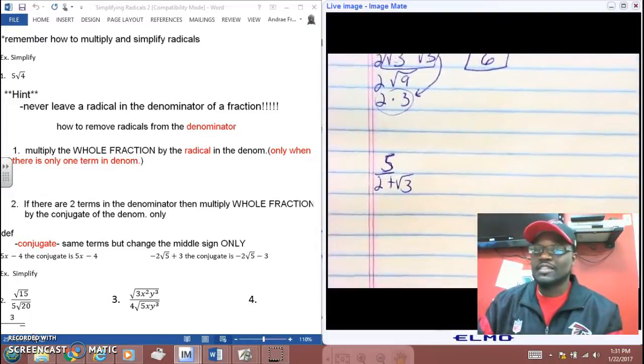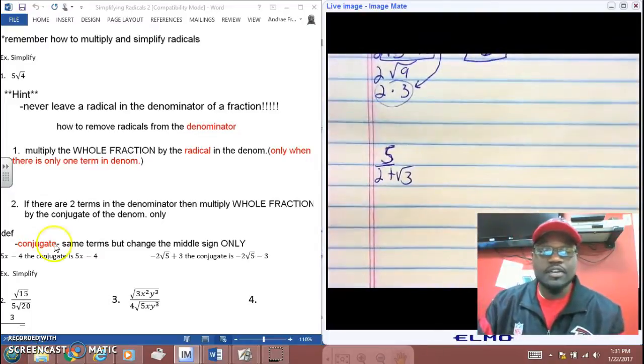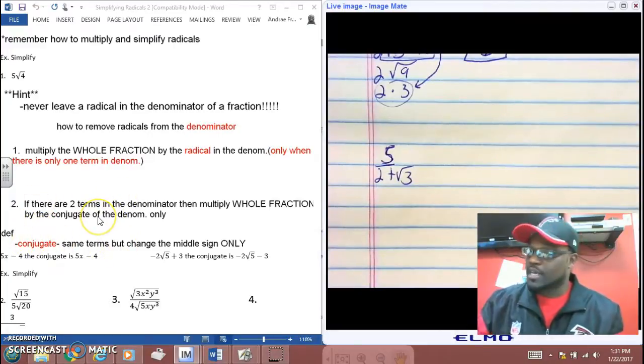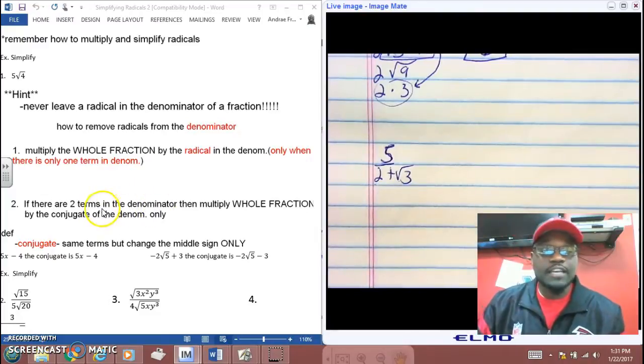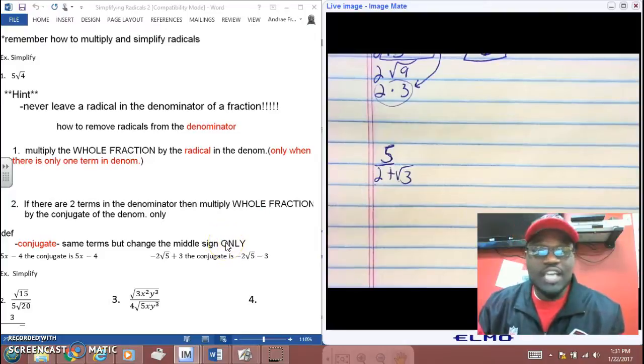Okay, what about this? Now, this is what this is talking about here, called a conjugate. If there are 2 terms in the denominator, okay, a term is anything separated by a plus or minus, then multiply the whole fraction by the conjugate. When I say whole fraction, I mean numerator and denominator. Okay, so what's the conjugate?